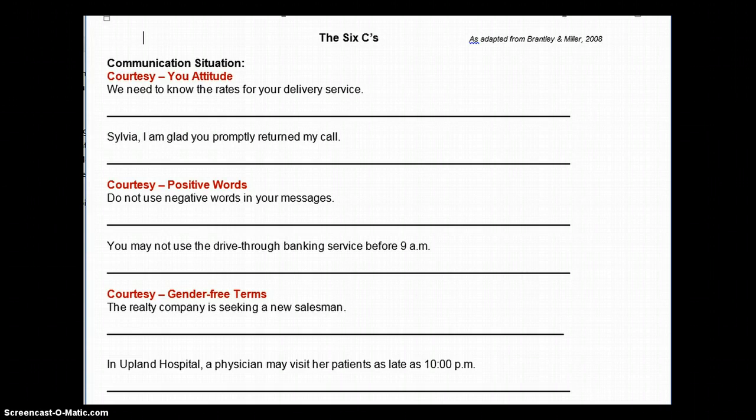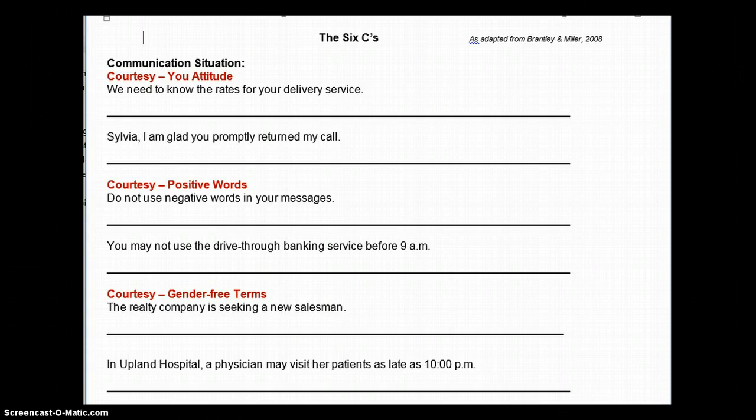And last, using gender-free terms. The first sentence there is, the realty company is seeking a new salesman. Salesman is a sexist term, so rather than saying salesman, you could change that to something such as sales representative. The realty company is seeking a sales representative. And the last one for courtesy, using gender-free terms.